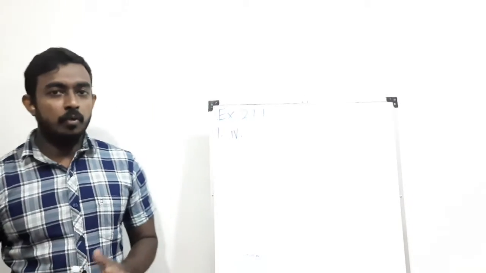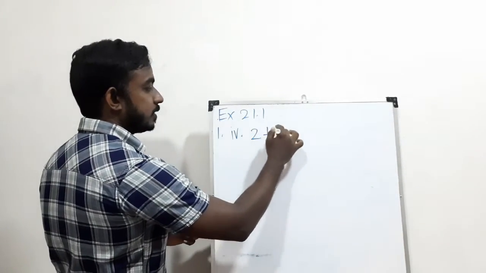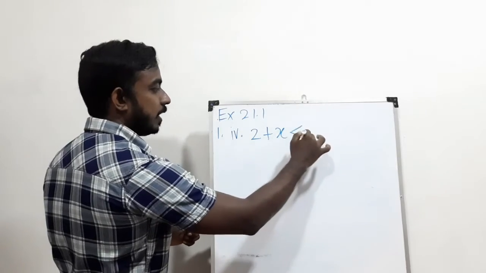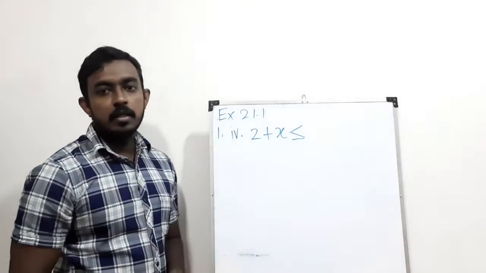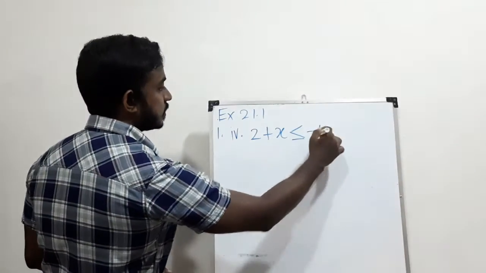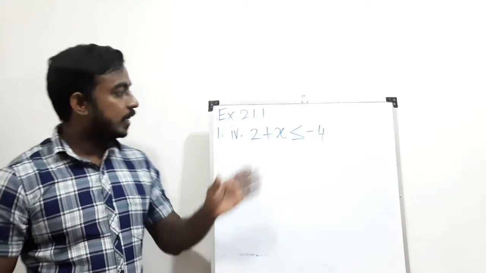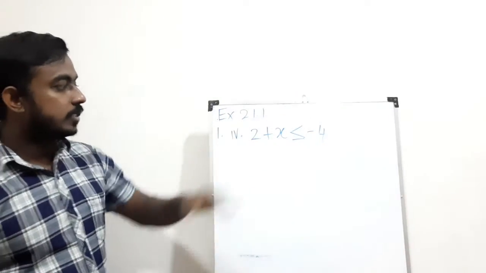Now if we come to Roman number 4, at there they have given us that 2 plus x is less than or equal minus 4. Less than or equal minus 4. Now as you know, we can send this 2 to the other side.